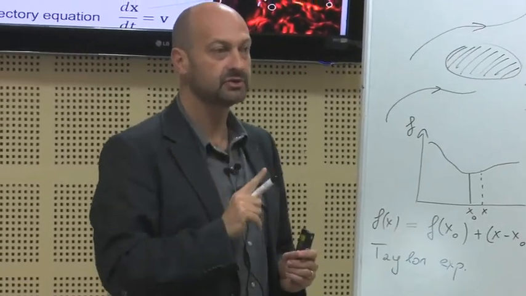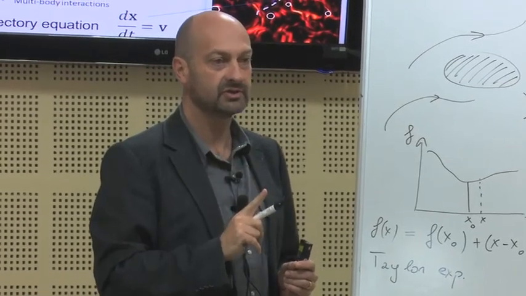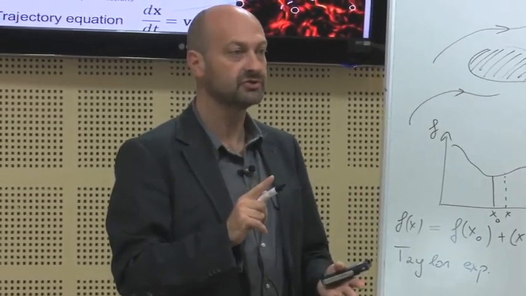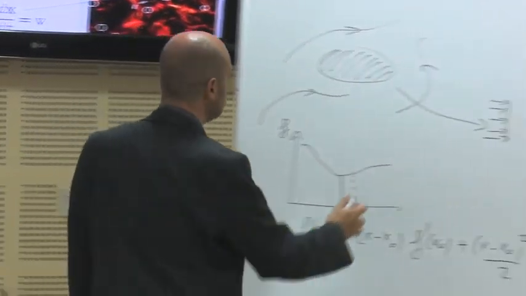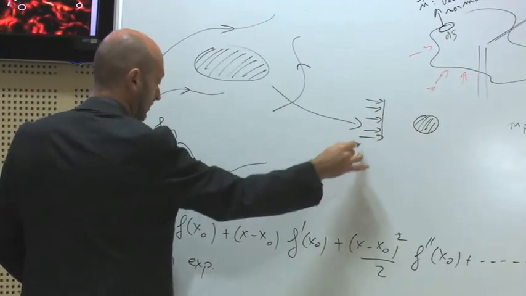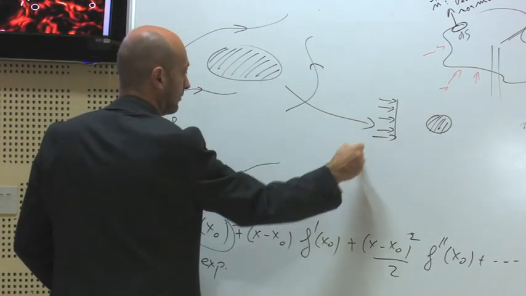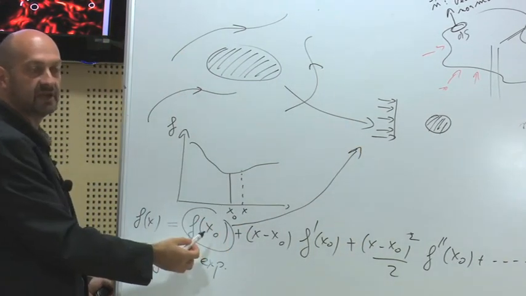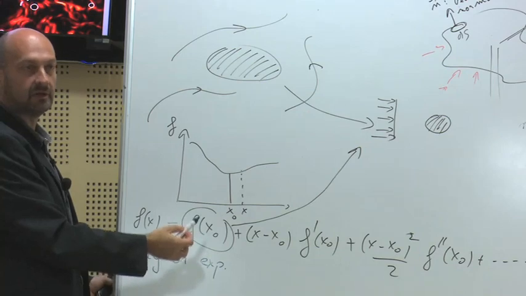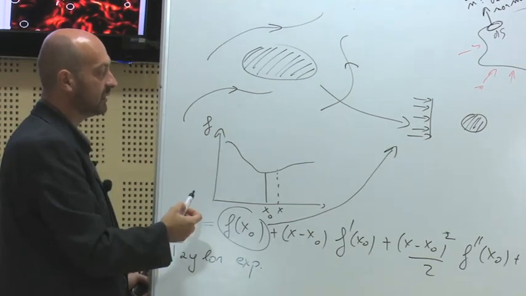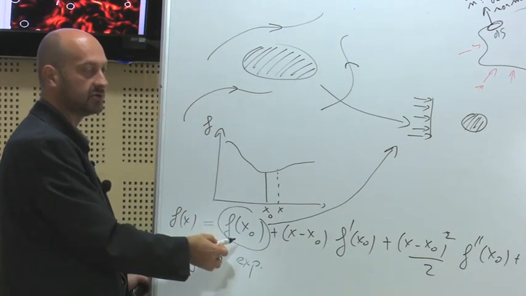But first, I'm going to say what is the force acting on the particle if the flow is assumed to be constant. Okay, so you see that this is similar to that. Okay, so that would be the first term of your Taylor expansion, the force acting on this particle as the first term of your Taylor expansion.